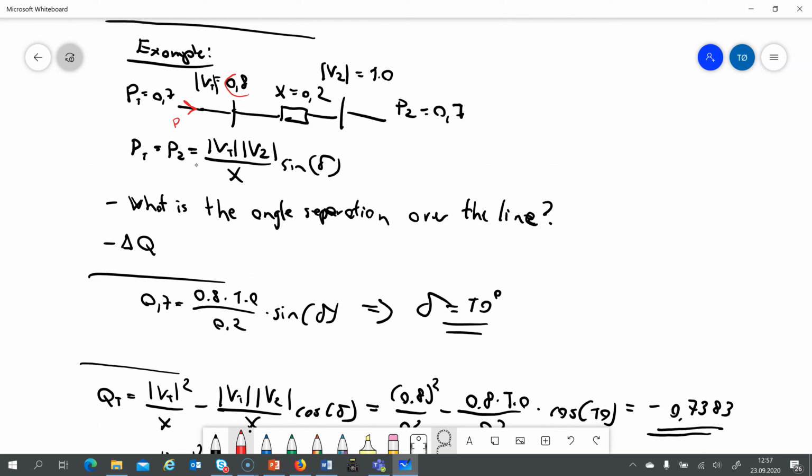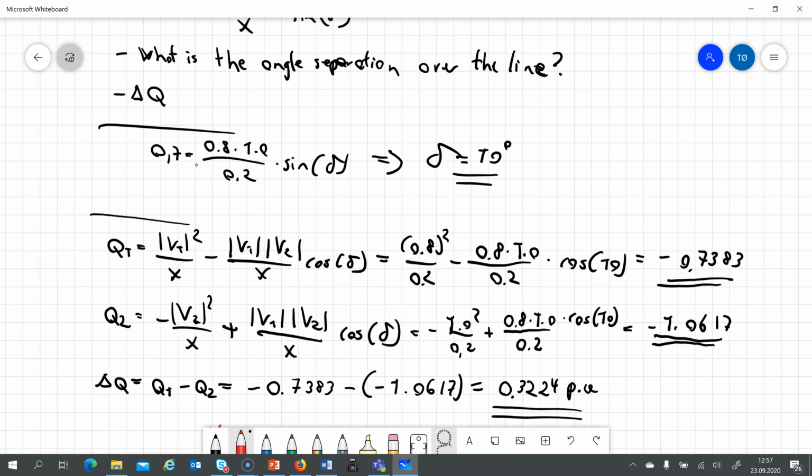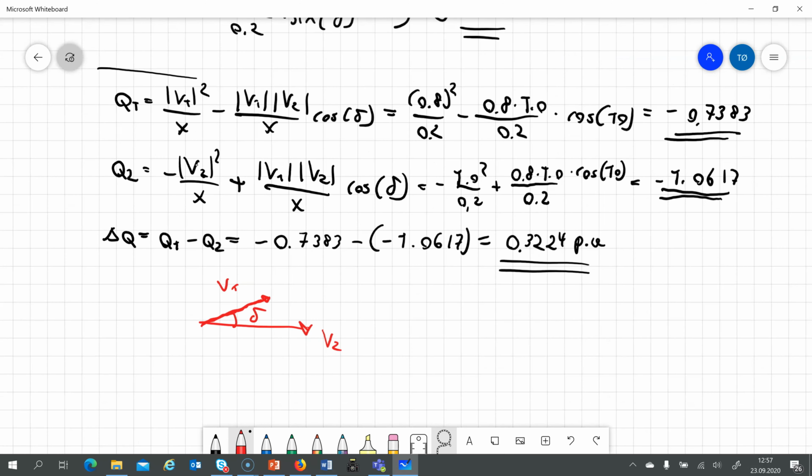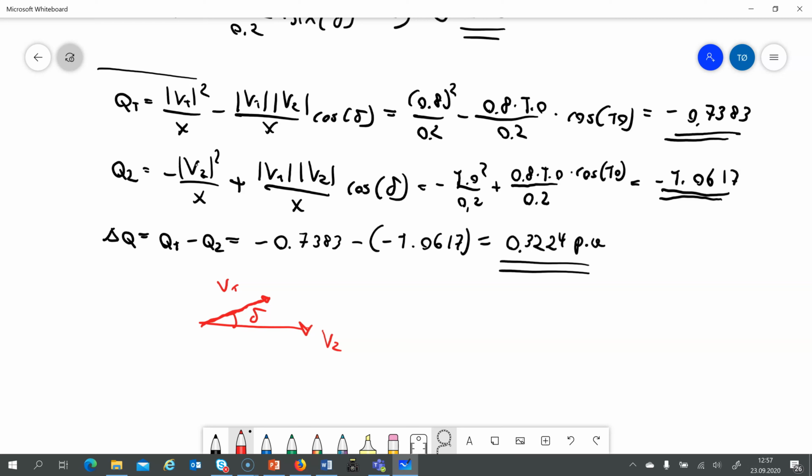However, you see that the voltage level is lower here, so Q is flowing opposite in this example. And the net reactive power, actually due to the line reactance, is this value here. You can see here. This is the end of the part 1 video.